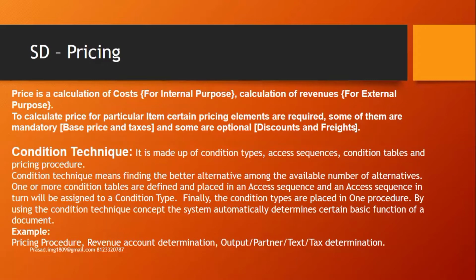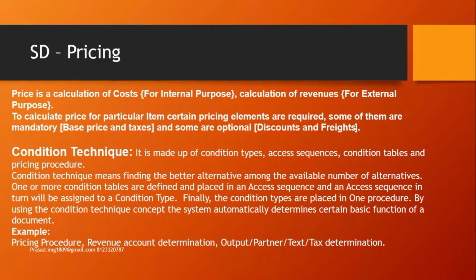In a similar way, based on this condition technique concept, SD pricing will find the better alternative among the available number of alternatives. Suppose we are considering discount conditions, for example, 100 rupees customer discount, 200 rupees material discount, and 500 rupees customer material discount.